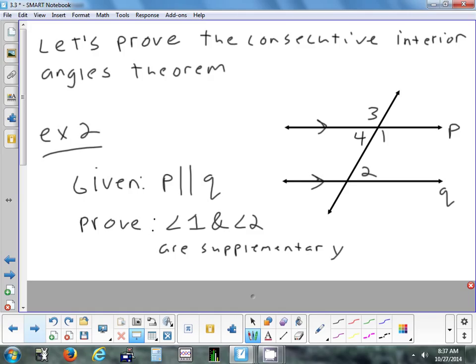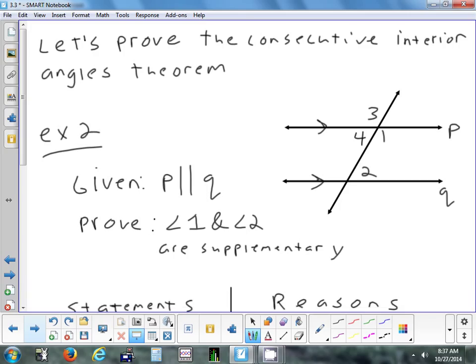Okay, we'll prove that they are supplementary. Keep in mind that a new reason you can use now is alternate interior angles are congruent. We proved that. So that fact might come in handy.